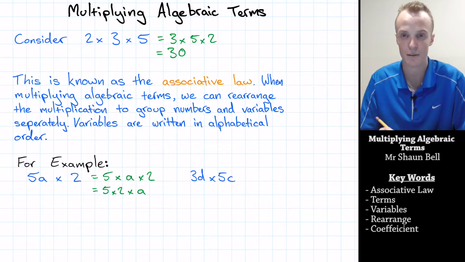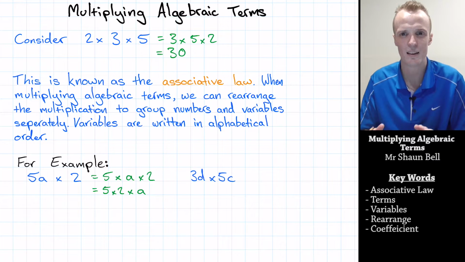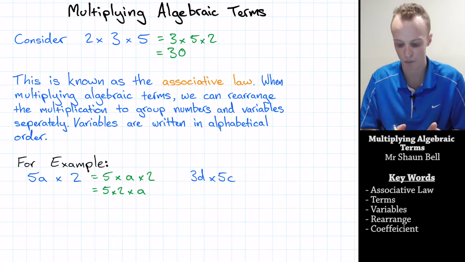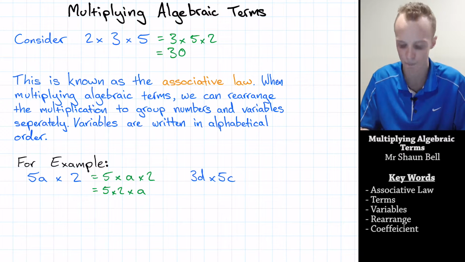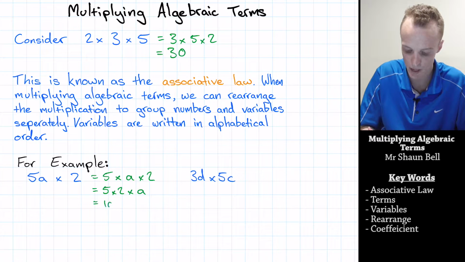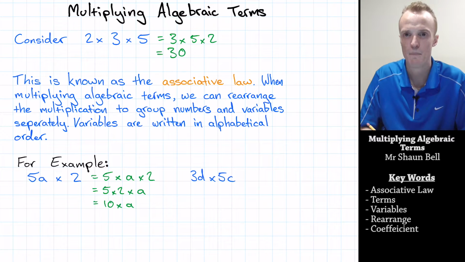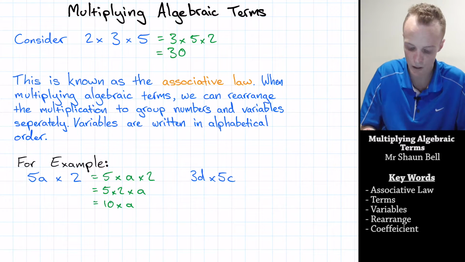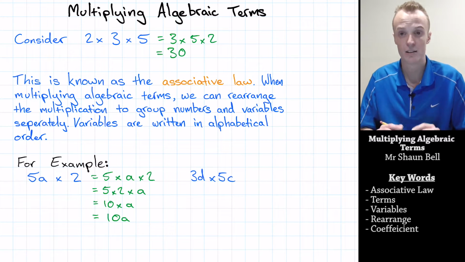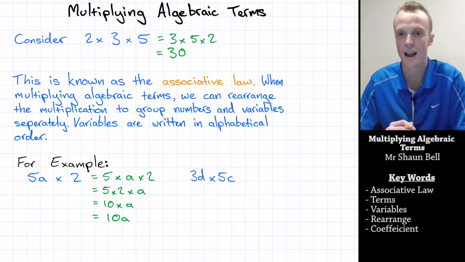So that's times a. And now what you can see is it allows me to simplify this by going, well, 5 times 2 is 10. So this is equal to 10 times a. But we know that when we've got a coefficient multiplying a variable, we can write it as 10a. So 5a times 2 is equal to 10a.